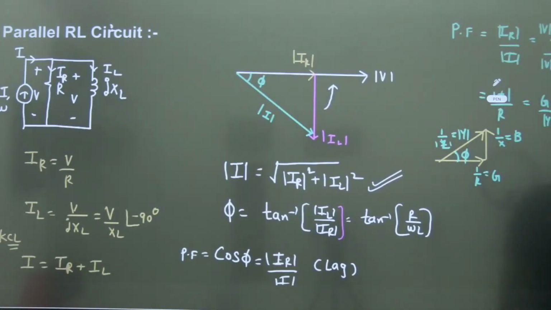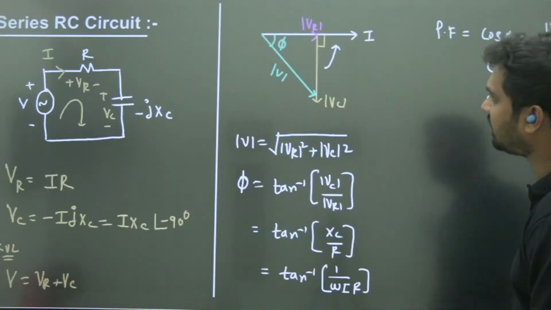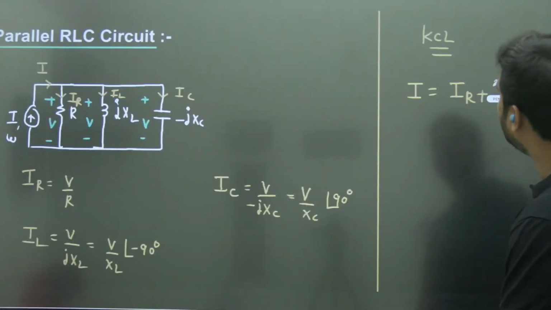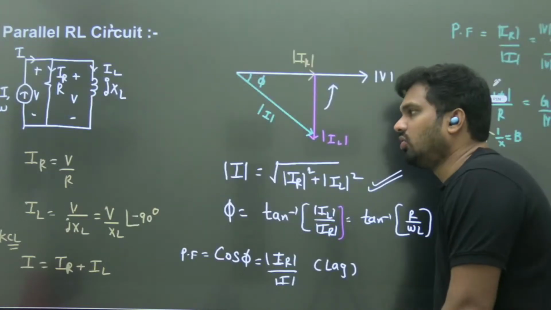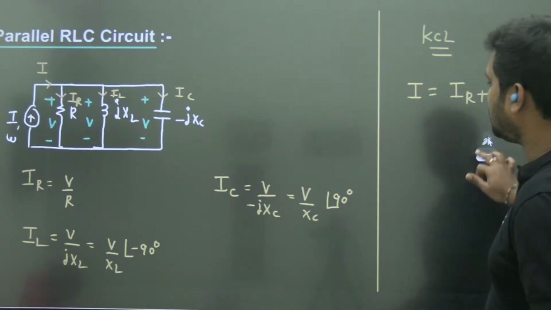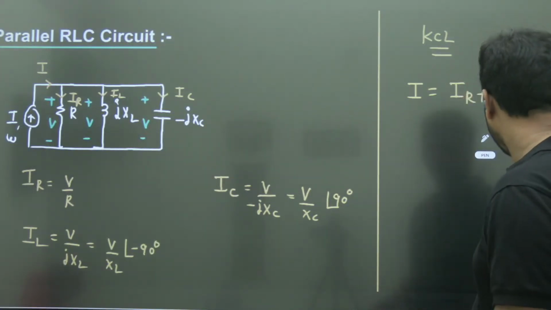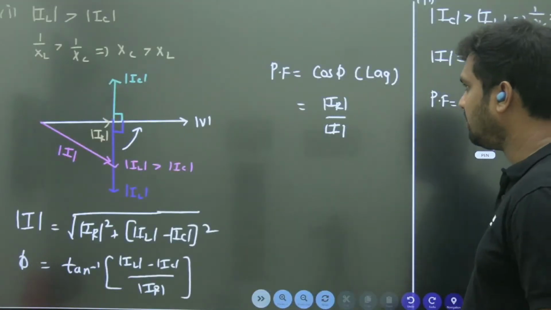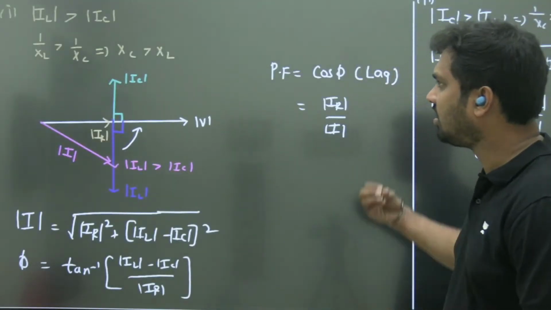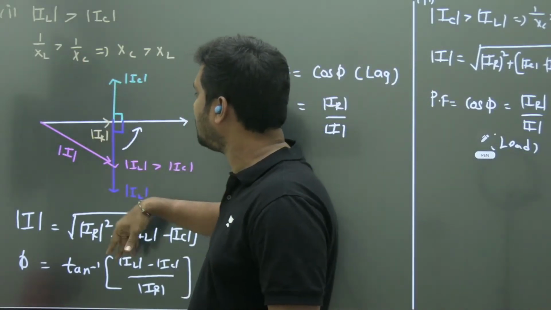Power factor can also be given as G by Y. Here R by Z is one way of power factor for the series. Similarly, for parallel, G by Y is the power factor. Similarly, we can plot for RC also, RLC also. What is the condition for RLC is the same way. Previously XL greater than XC, here IL greater than IC, the condition you get is 1 by XL greater than 1 by XC.